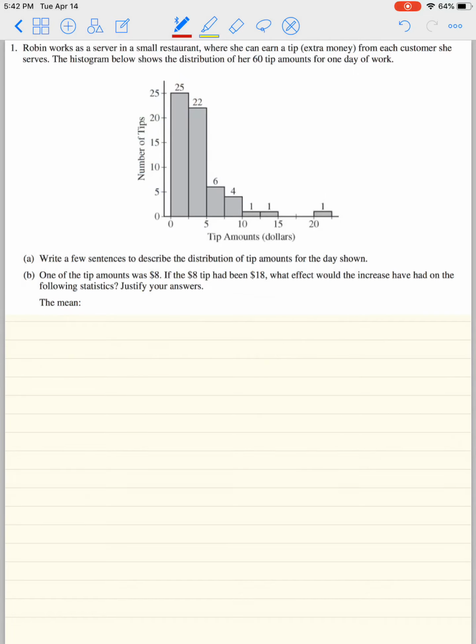Okay, so center. Well, the center is the median. The median is going to be 60 plus 1 divided by 2. It's going to be 30.5. And when we say that, we're not looking for $30.5 here. We're looking for the 30.5th person. So 25 people gave this, and now the 30.5th person gave this.